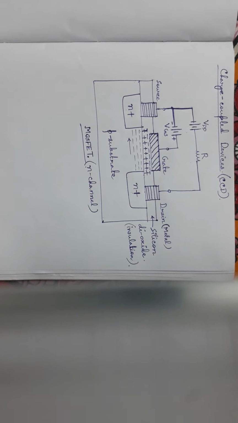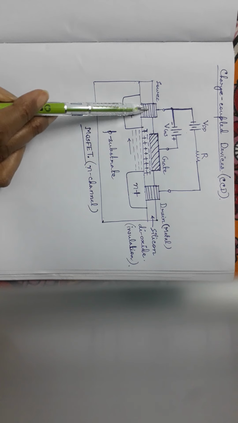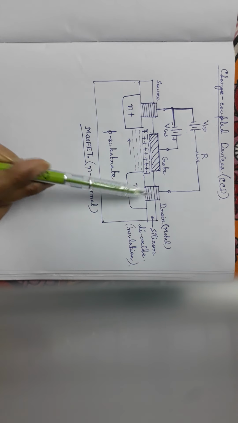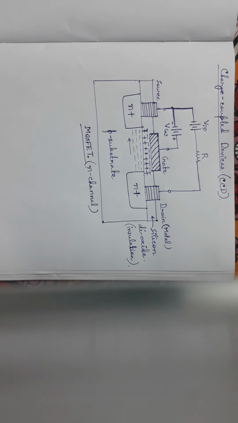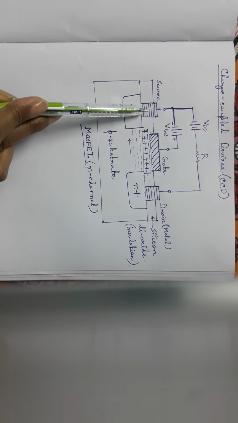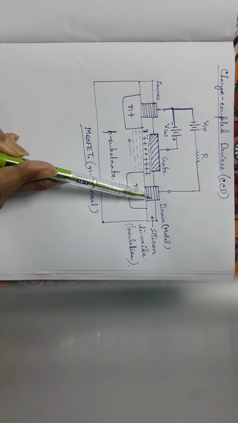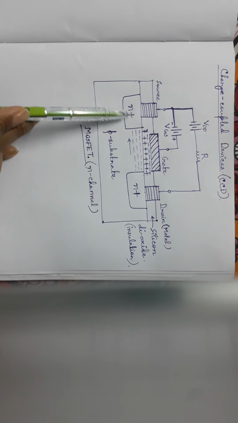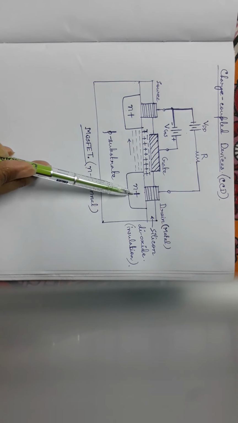This layer basically serves the purpose of insulation. Now, two metallic terminals, source and drain, are embedded into that P substrate, and as you can see here, both the source and drain make direct contact with these N plus regions.